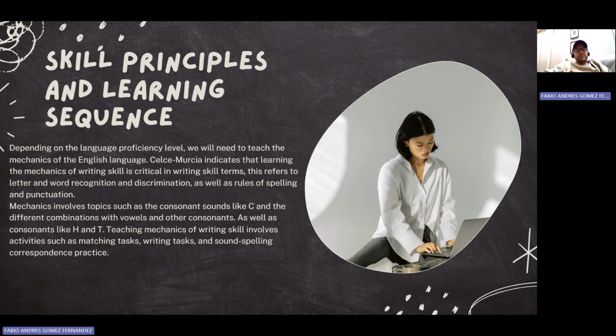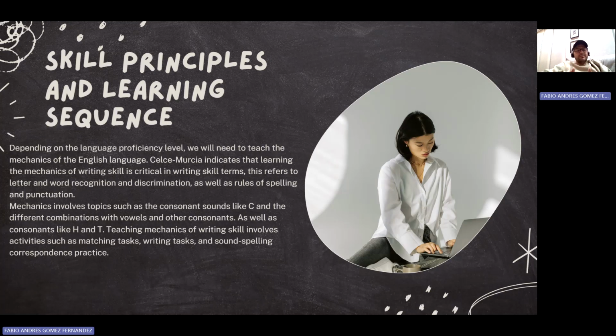And the mechanics, besides being critical to teach, refers to letter and word recognition and discrimination, as well as rules of spelling and punctuation.